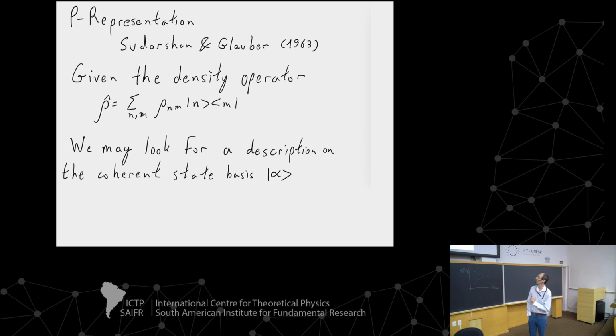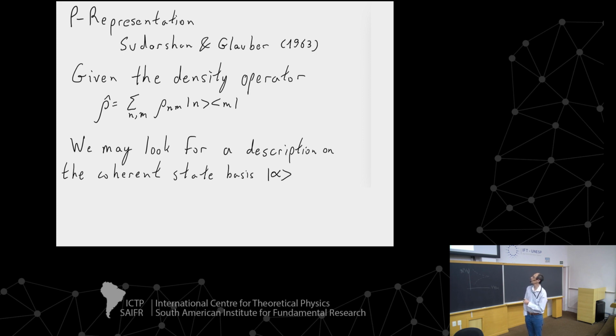So let's begin this way, okay? We have a density operator. In the Fock state representation, it is described by this. It's basically a combination involving projectors between a state M and a state N of the field.